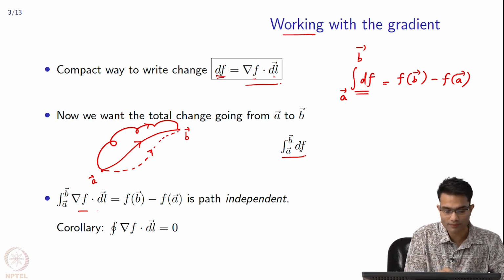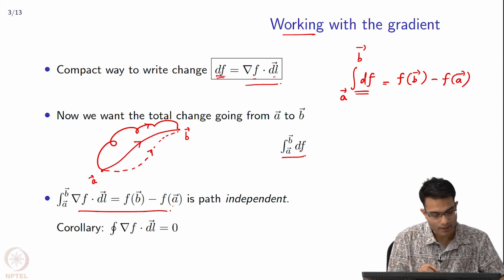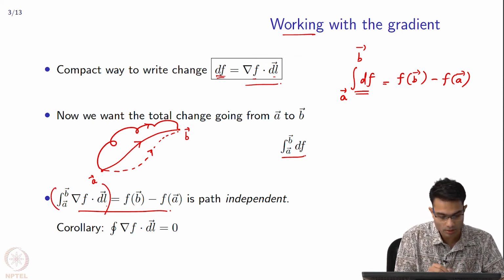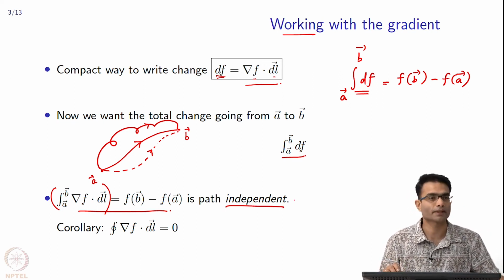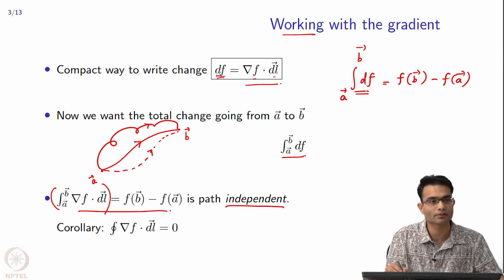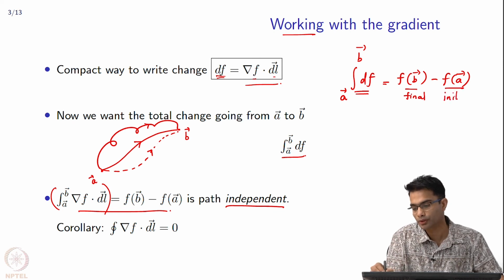So, this is the relation that we arrive at, okay. And the remarkable thing, of course, is that this expression over here is path independent. It did not matter which path I took, because this is a complete differential over here. The result depends only on the final point and the initial point, okay.